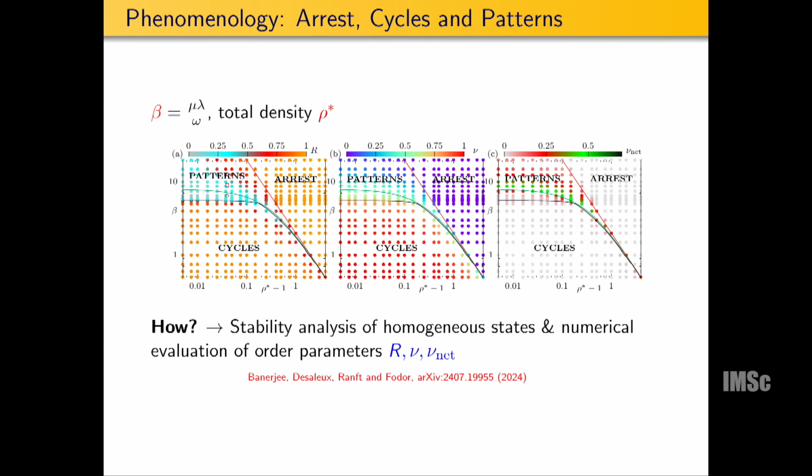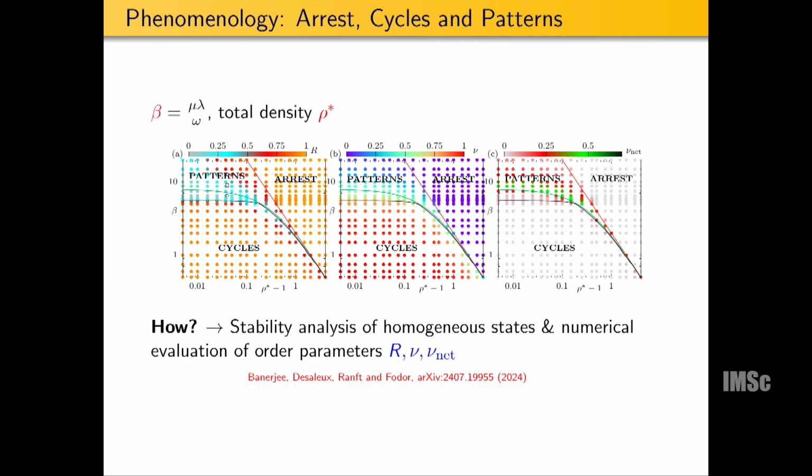If for a given drive the density is very high, because it's a competition between the two, then these mechanical interactions can actually stop the pulsation from happening, and you end up in this arrested state. This is a dynamically non-changing state, so there is nothing going on. You can understand this in terms of basically a fixed point of the hydrodynamics.